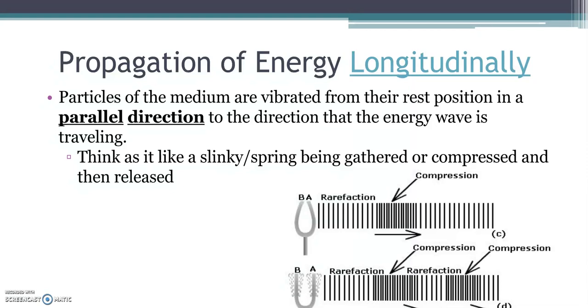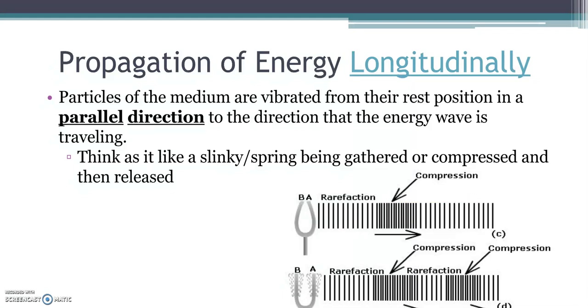Now for the longitudinal diagram, this one's a little bit more difficult to draw. So we're not going to worry about drawing a rest line on this one. I would just kind of draw what that top diagram shows. It's showing spread out lines, grouped together lines, and then spread out lines. And what I would almost do is draw some arrows that point both left and right so that you can kind of see this movement going back and forth as particles are moving in this direction.